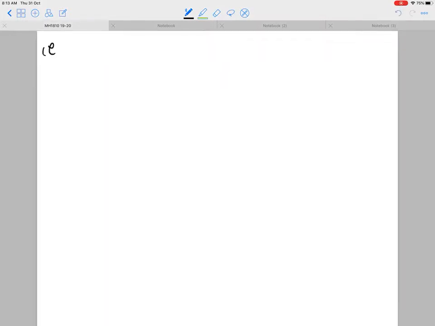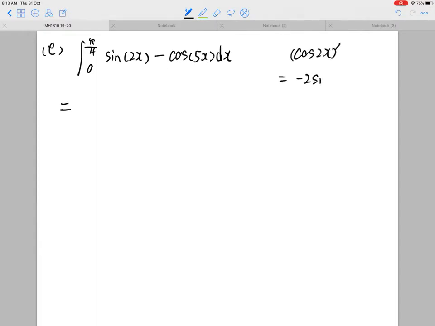And part E, the integration of this. So, for example, sine 2x. Notice that cosine 2x's derivative is negative 2 sine 2x.